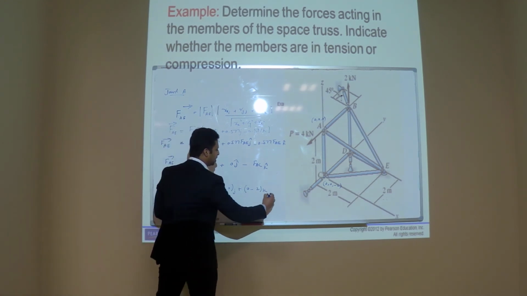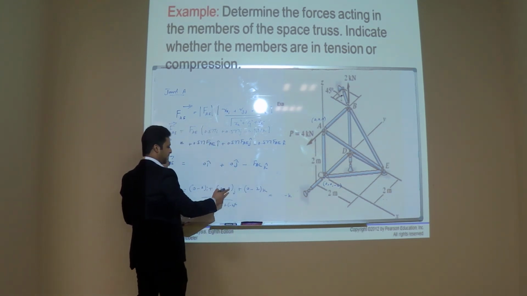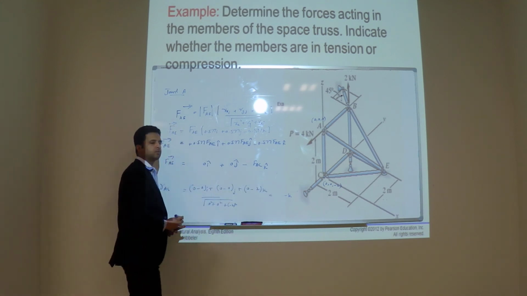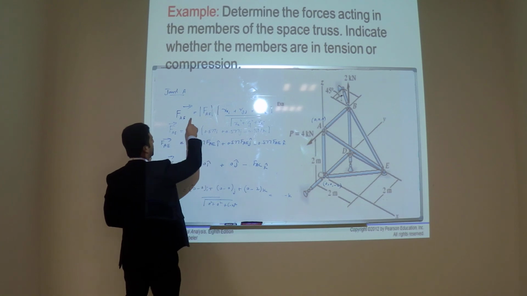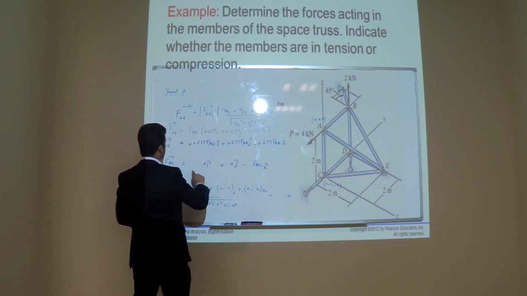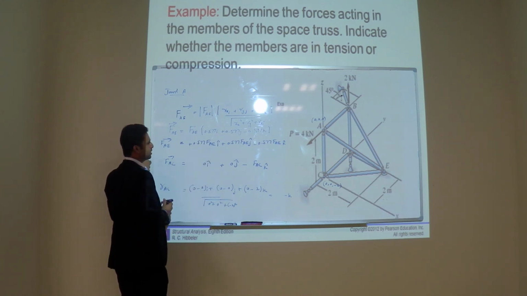So you will get 0i, 0j and minus k. So if you multiply by FAC, this will be the position vector.